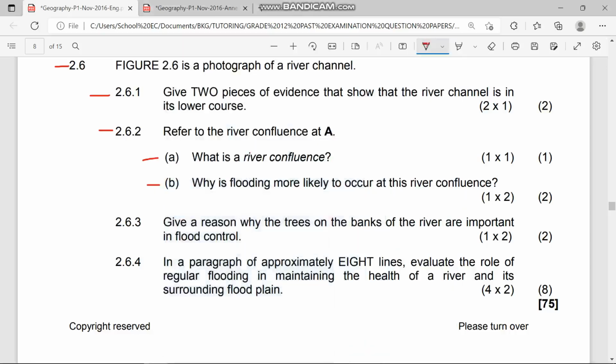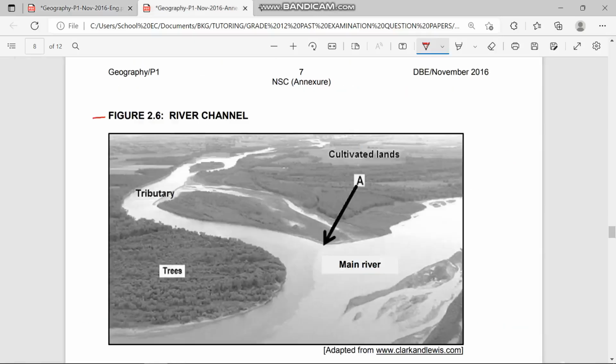Okay, right now let's move to 2.6.3, which says give a reason why the trees on the banks of the river are important in flood control. So let's give reasons why those trees on the sides of the river are very important in flood control.